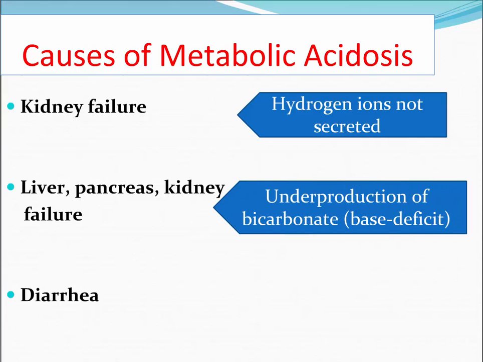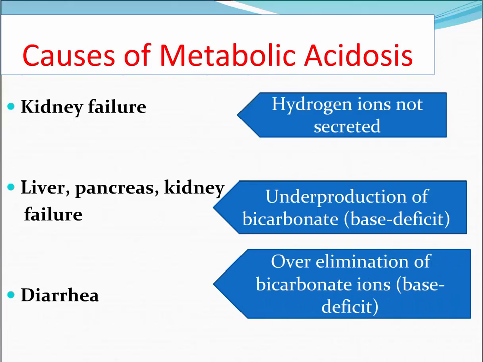In this situation, there's actually an underproduction of bicarb. So that looks like a base deficit. And also with diarrhea, there's an over-elimination of bicarbonates. So this is something that occurs fairly frequently in our client population that we need to keep an eye on.